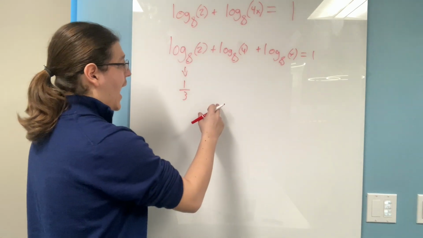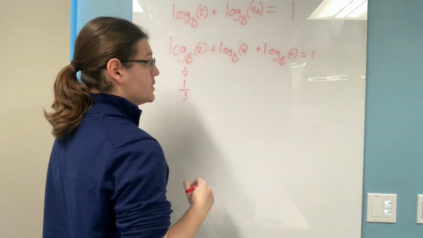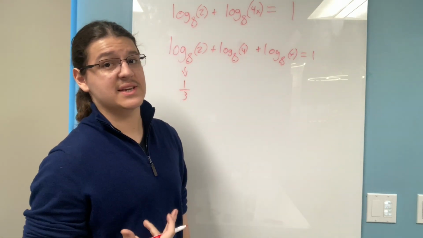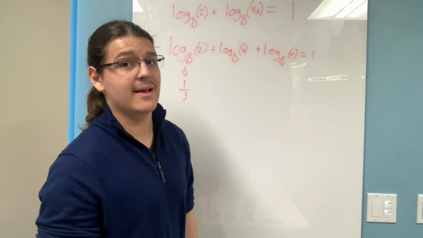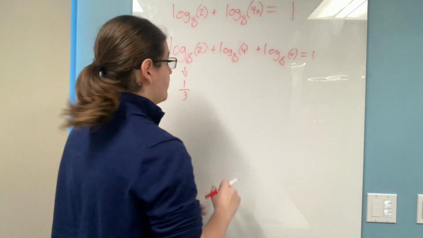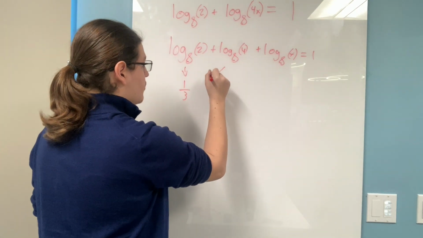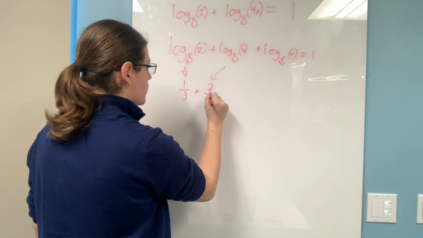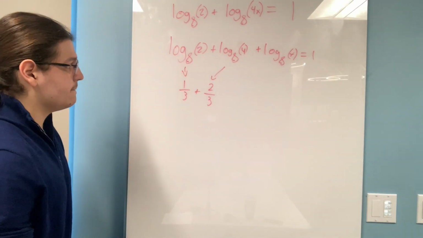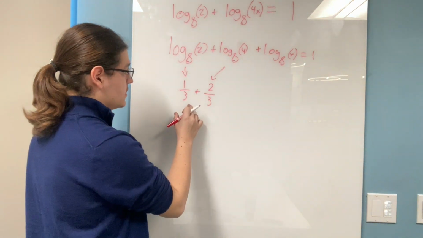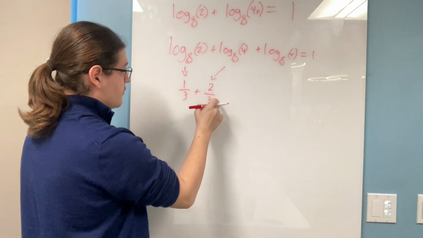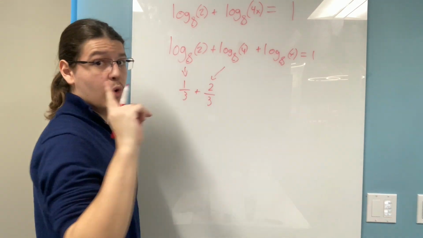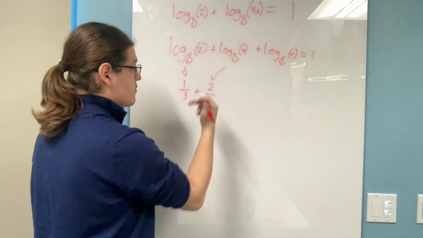Meaning that we have the cube root raised to the second power, meaning that the exponents get multiplied. So log base 8 of 4 is just going to be 2/3. Now that is simplified, 1/3 plus 2/3, that's just 1 because we get 3/3.